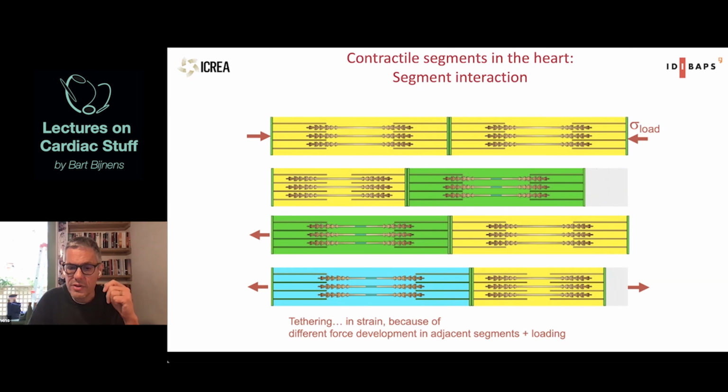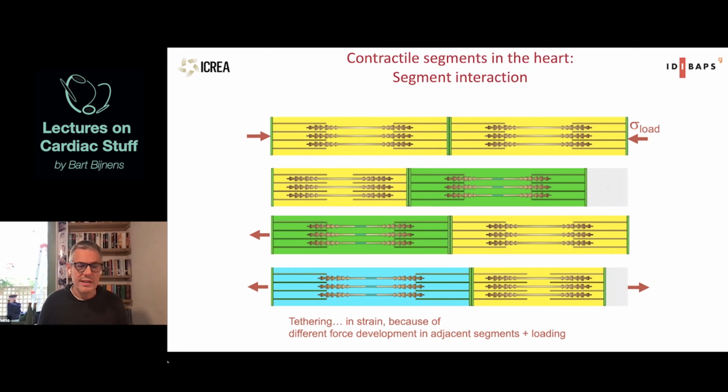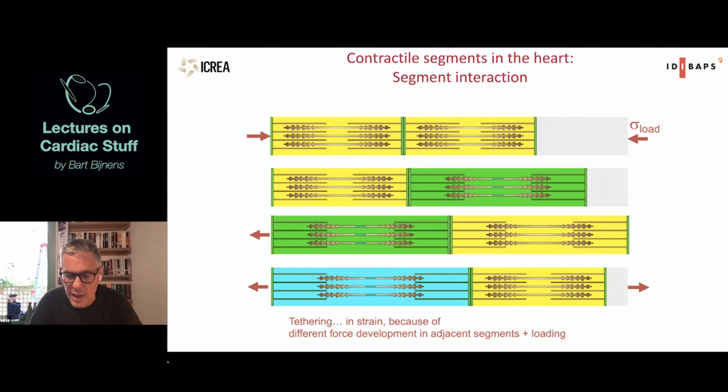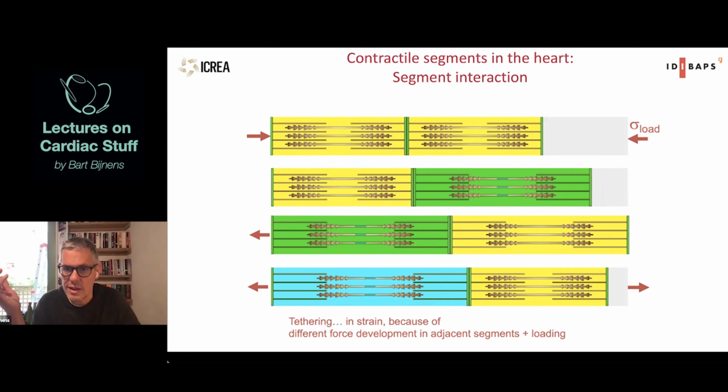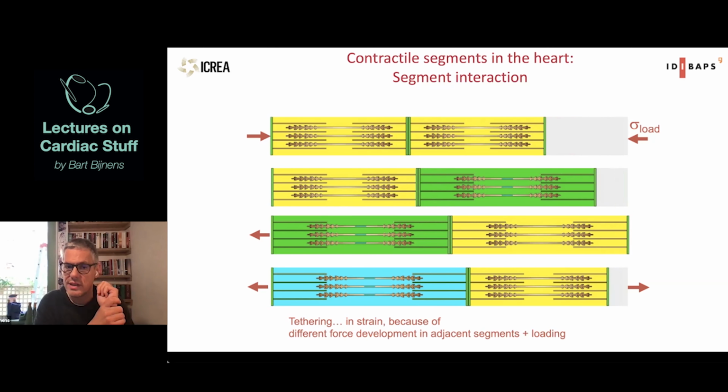Sometimes you see publications that say, oh, we finally found a load independent parameter. Now, this is kind of rubbish. That doesn't exist in cardiology. Everything you see will be dependent on the pressure inside.